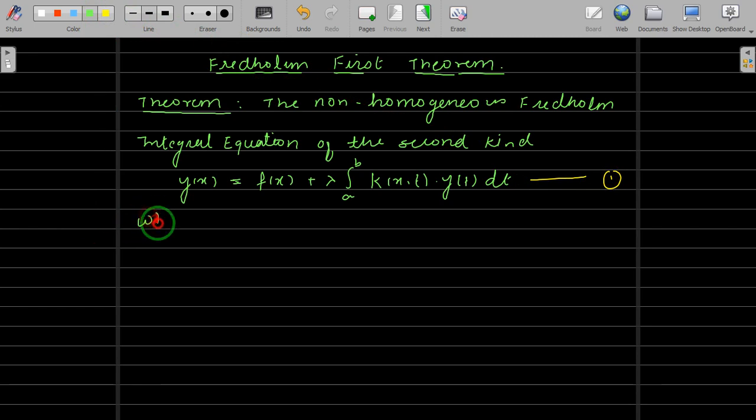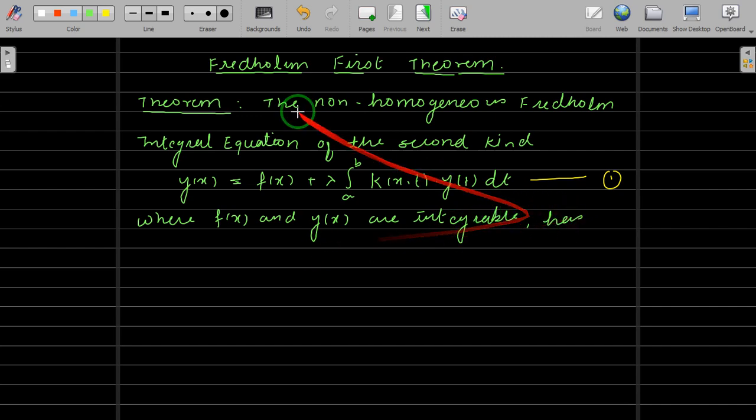Where our function f of x and y of x are integrable, has a unique solution.